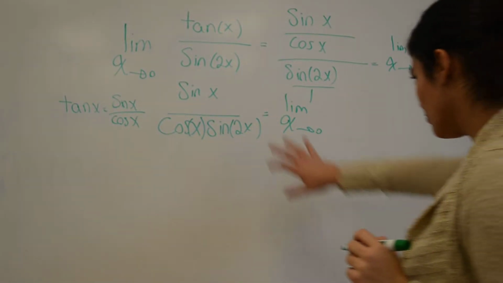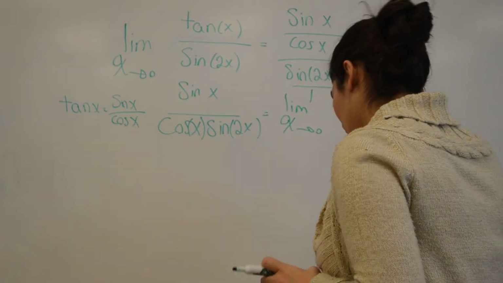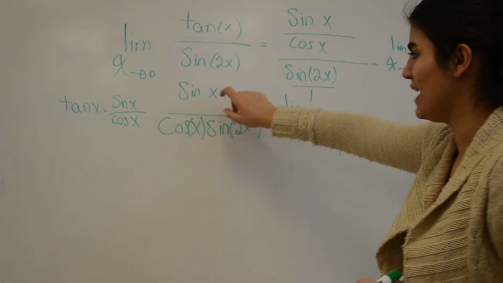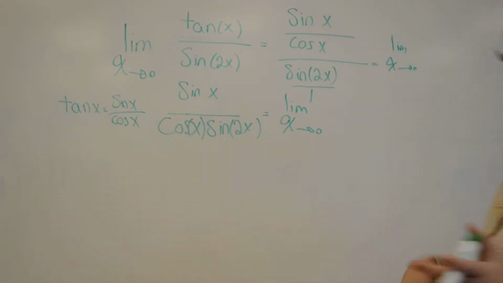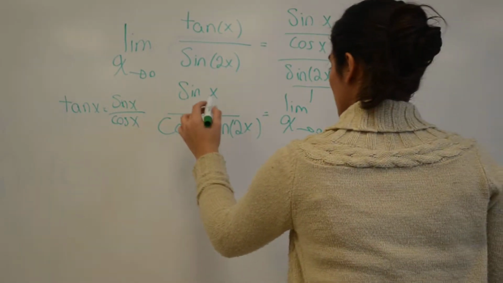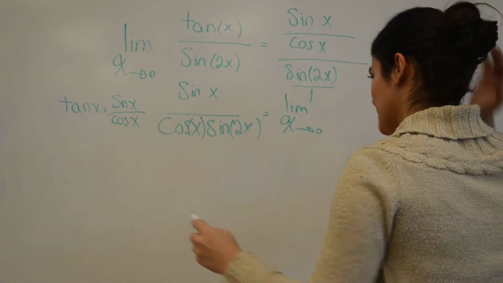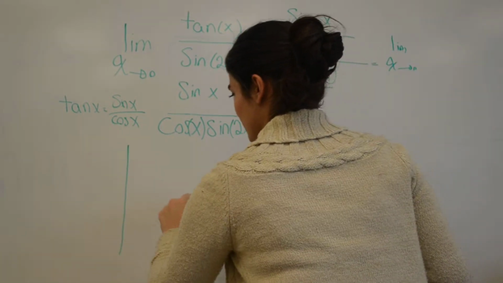So in order to solve this question, we need to multiply this by x and then divide it by x at the same time so we have it balanced, because we can't just divide it by x. The graph of sine x is something like this.